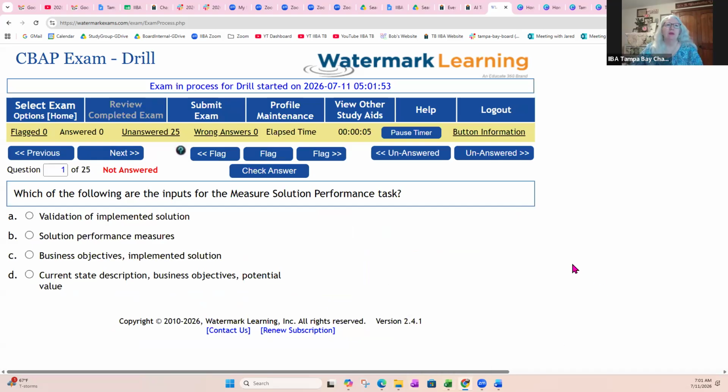Which of the following are the inputs to the measure solutions performance task? So, can you tell me what knowledge area we're in here? Anybody?